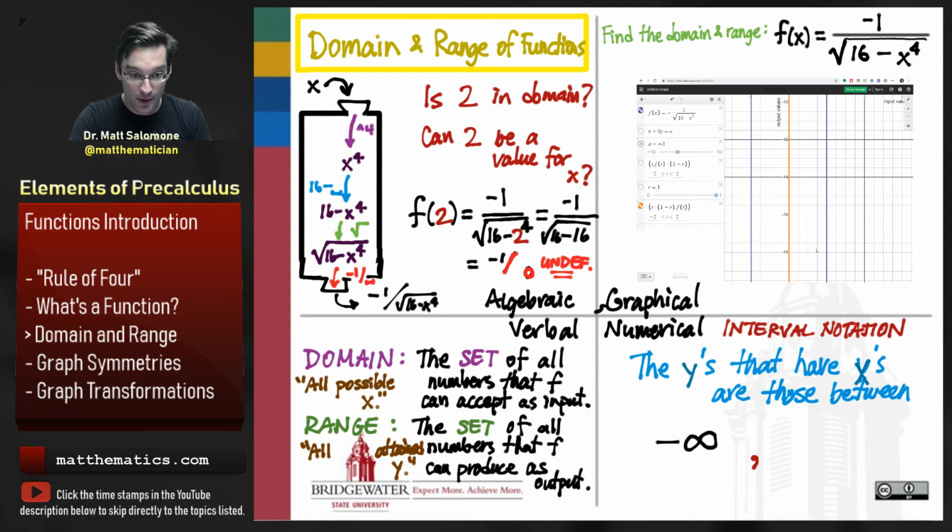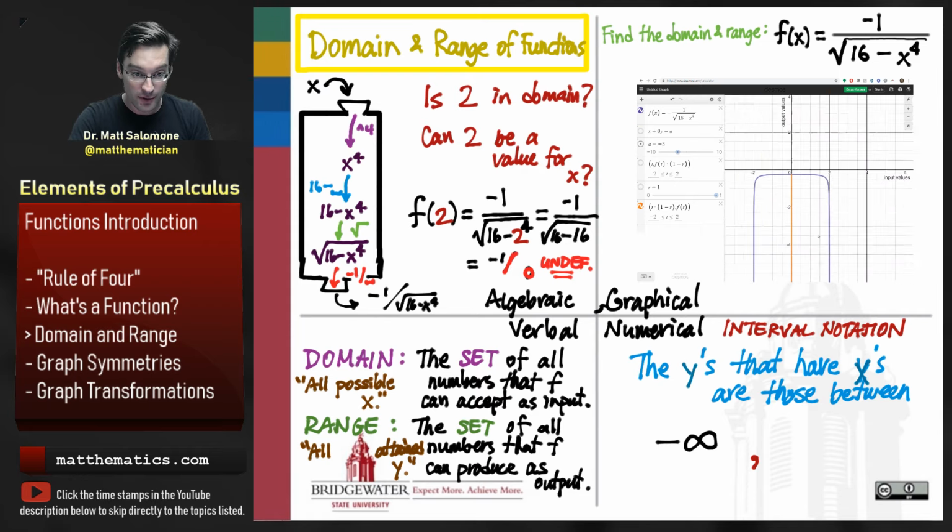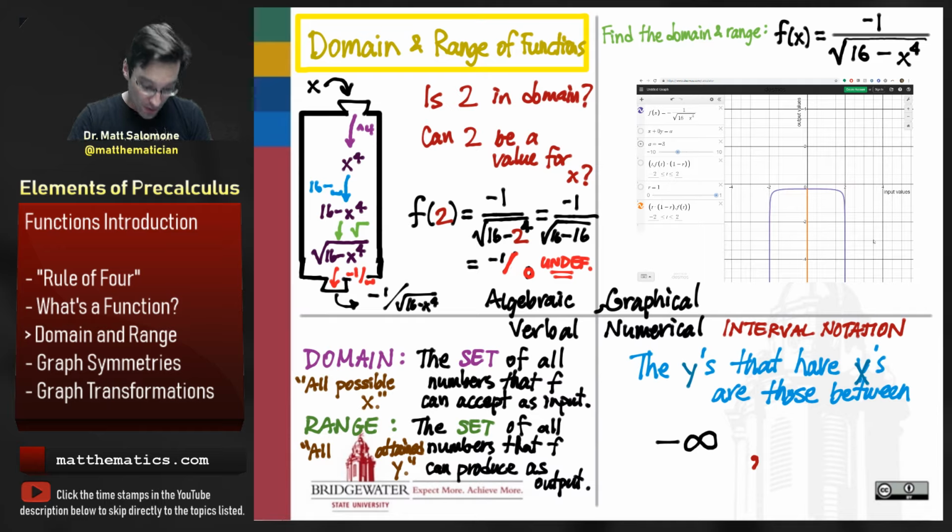However far down that I want to try to scroll, I'm never going to run out of graph. Okay. So minus infinity is the lower limit. And anytime we have an infinity in our interval, since infinity is not a number, we can never include it. So we'll always use a round parenthesis anytime an infinity is used in your interval notation. So there's no lower limit to the range on y's.